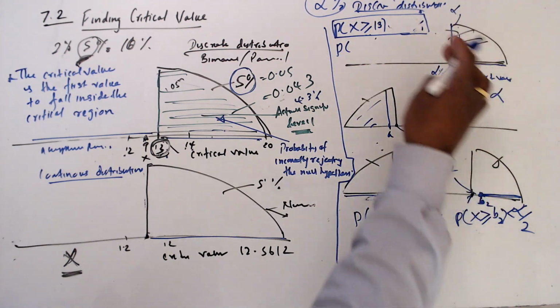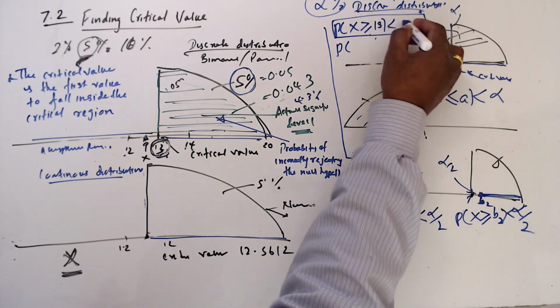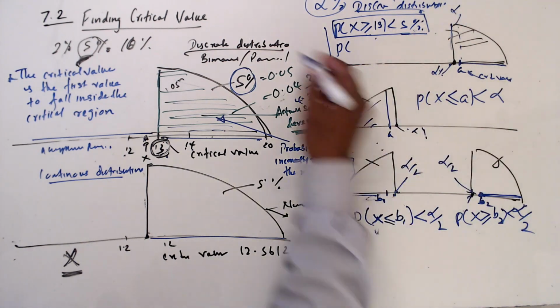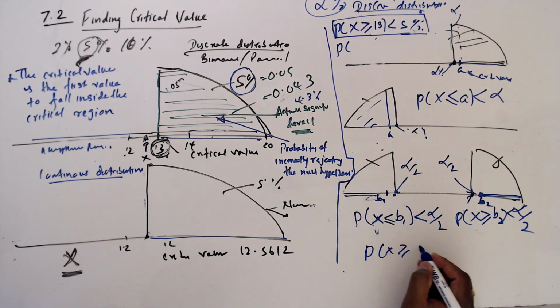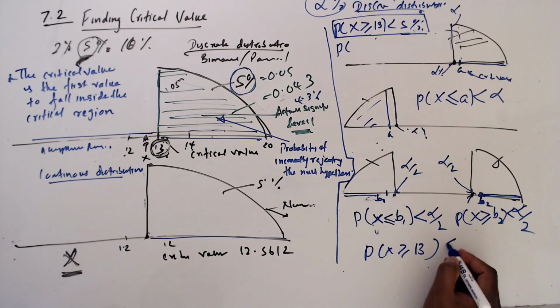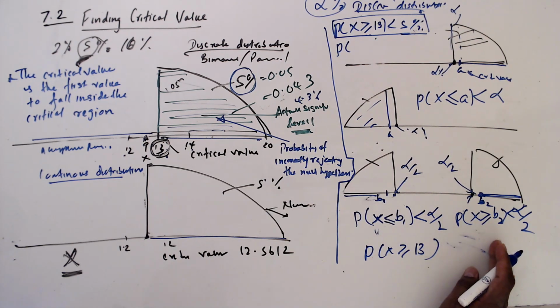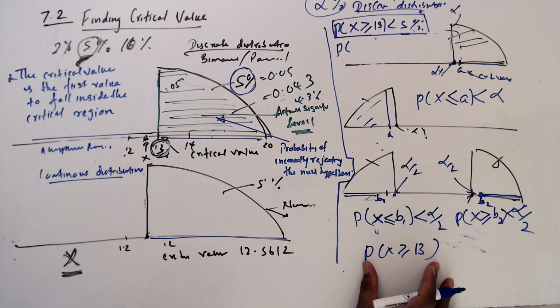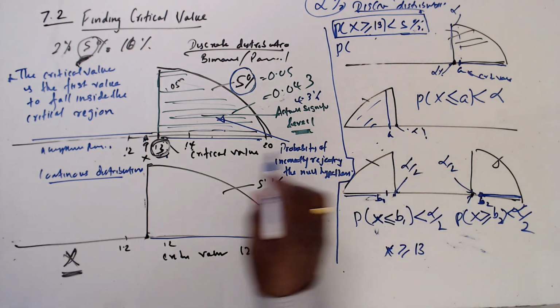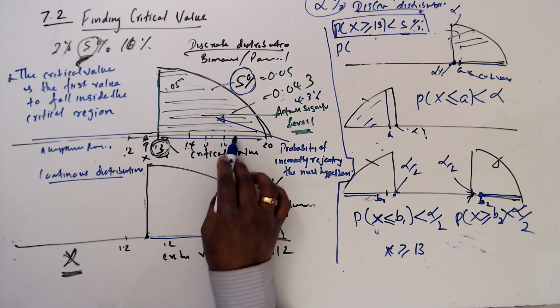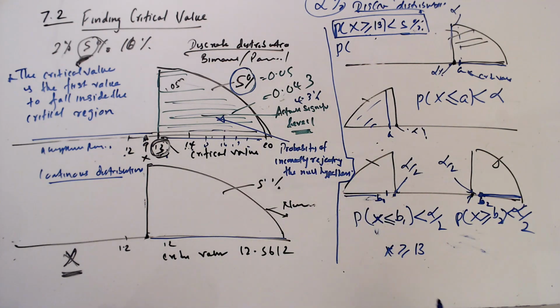Or if you want, you can drop this one, but it's better to, so when you write, okay, let me come back to here, probability of x greater than or equal to 13, 5%. So when I drop this one, then this is the probability of rejecting. And when I drop this one, these are the values for rejection area: 14, 15, 16, 17, likewise up to 20. Up to 20 because I took up to 20 trials.